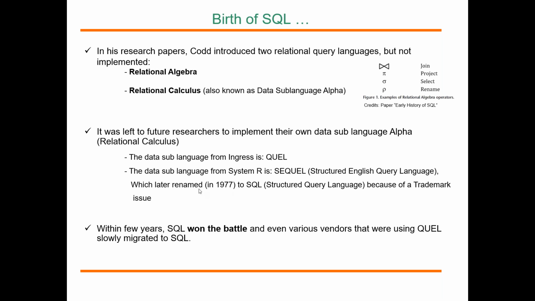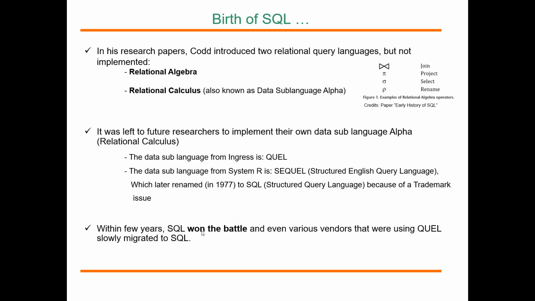Of course, like I already told you in my previous slide, it was renamed to SQL because of some trademark issues from the UK. Now, if you see, there are two different prototypes, System R on one side and Ingres on the other, System R using SQL and Ingres using QUEL.